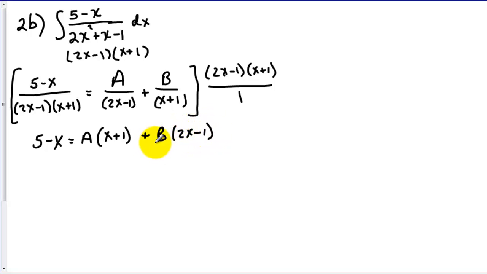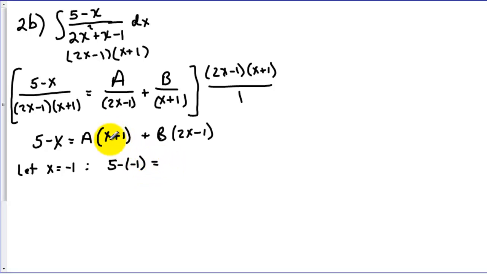And again, our next step now is to intelligently pick values of x to get one of the letters to disappear. It's going to be easiest to get the a to disappear by picking x equals -1. So I have 5 minus -1 equals a.